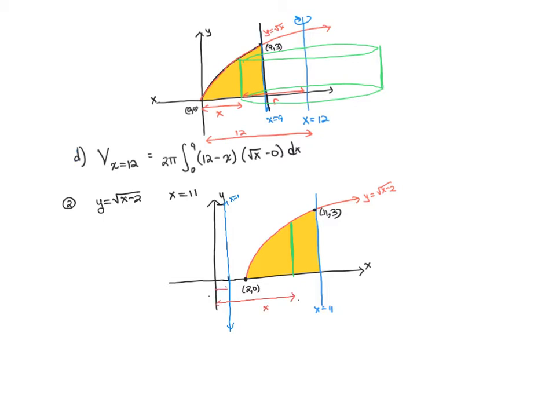This distance is 1 from the axis of revolution to the y-axis. And when we revolve this vertical rectangle about this blue line, the radius of the shell will be here. Okay, I'm going to outline it in red here. This is the radius of our shell.